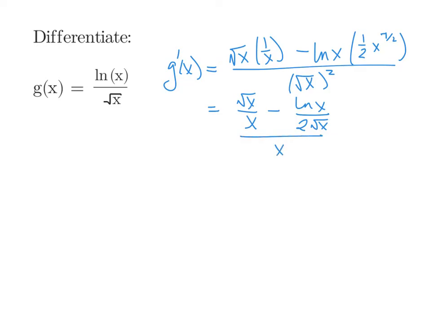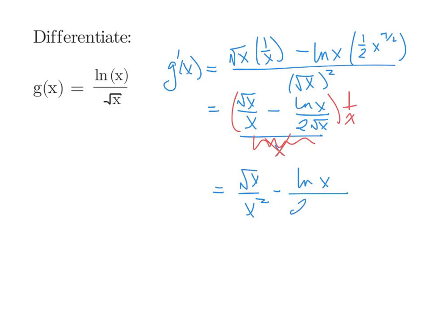So instead of leaving the fraction inside the fraction, I'm going to take our numerator, and instead of dividing by x, I'm going to multiply by 1 over x. And that'll get rid of the fractions inside of a fraction. So we'll be left with square root of x over x squared minus natural log of x over 2x square root of x. And again, there is more simplification you could do if you wanted to, but this looks clean enough to be very usable.